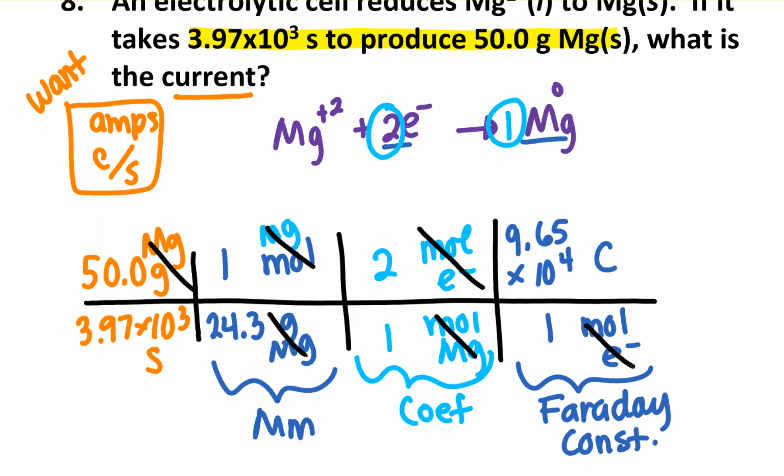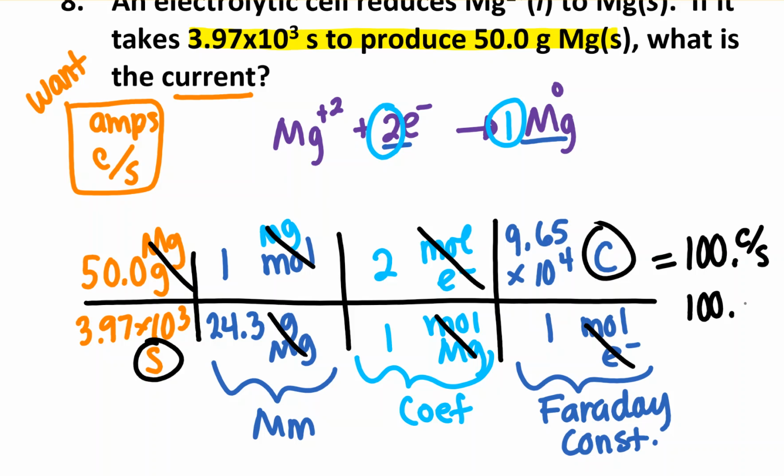So moles cancel. So to 3 sig figs, I get 100. And then my units are coulombs per second, which is the same thing as 100 amps.